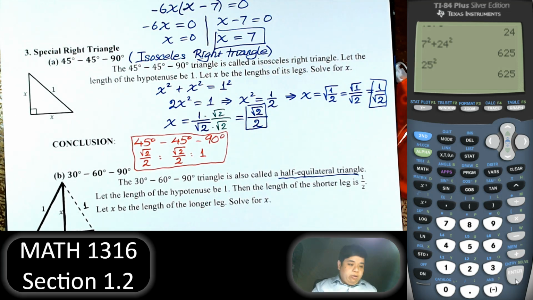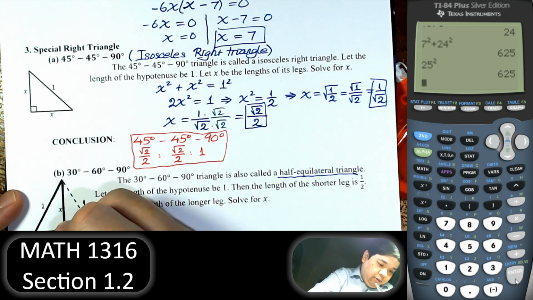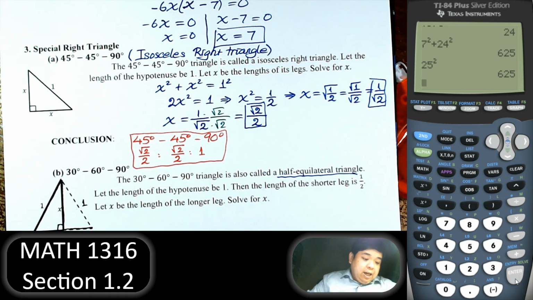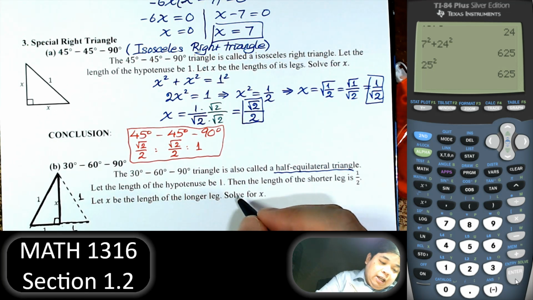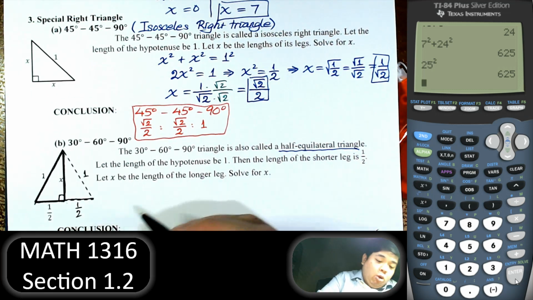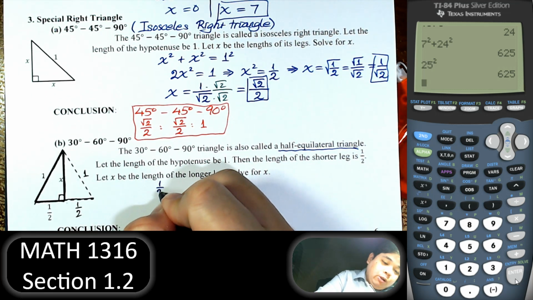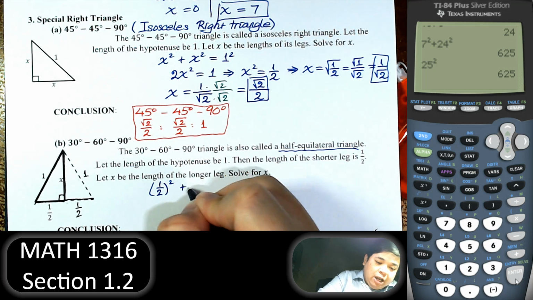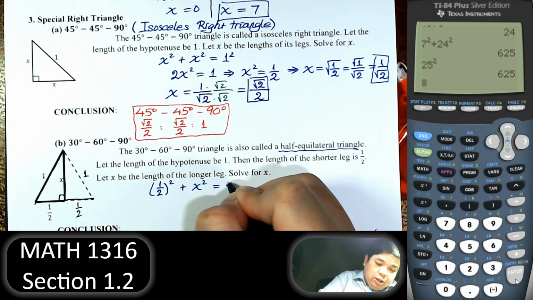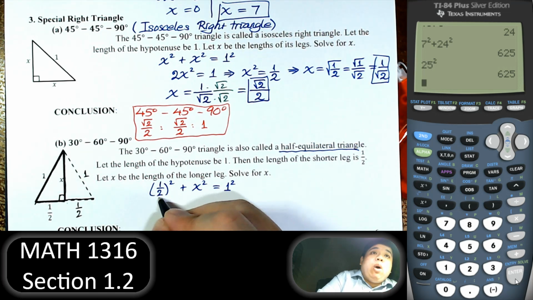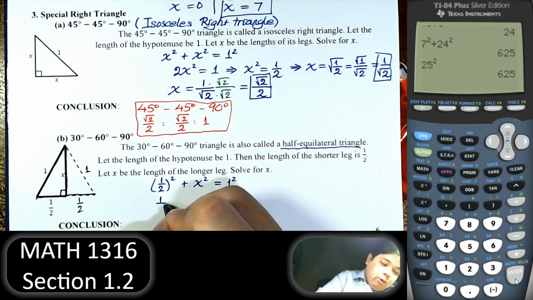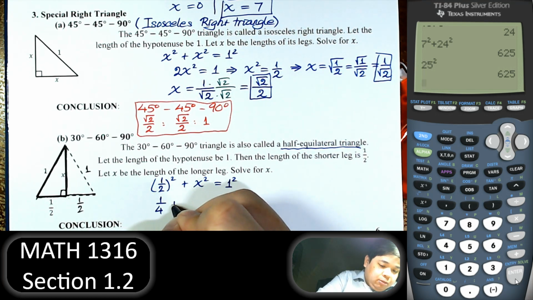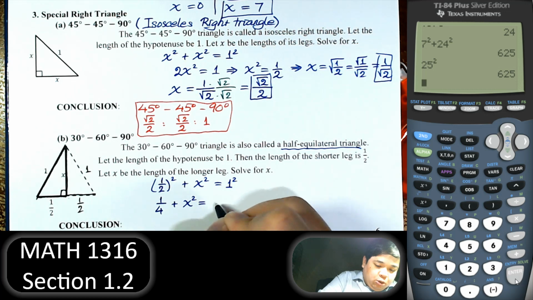Now we solve for x. So also a right triangle, first and foremost. Now, in this right triangle, we have 1 over 2 squared plus x squared equal to 1 squared. Right, 1/2 squared is 1 over 4 plus x squared equal to 1.